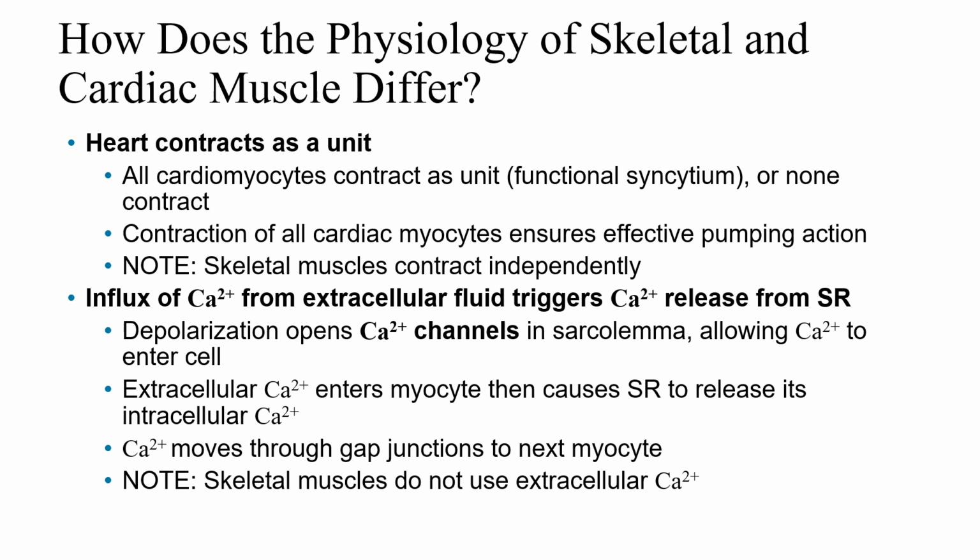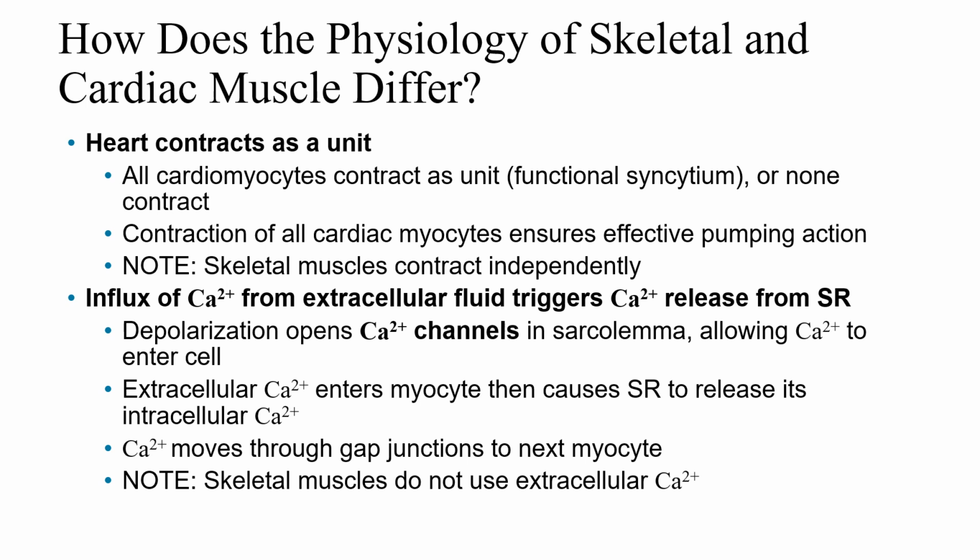Both of these are mediated by calcium ions, but in the case of the cardiomyocyte, it's from the influx of calcium from the ECF and release from the sarcoplasmic reticulum. Depolarization is going to open those ion channels in the sarcolemma, and thus the ions will enter the cell.